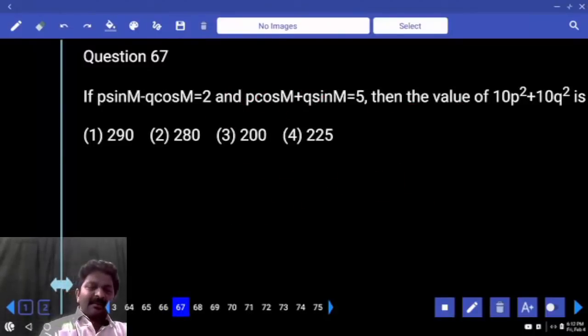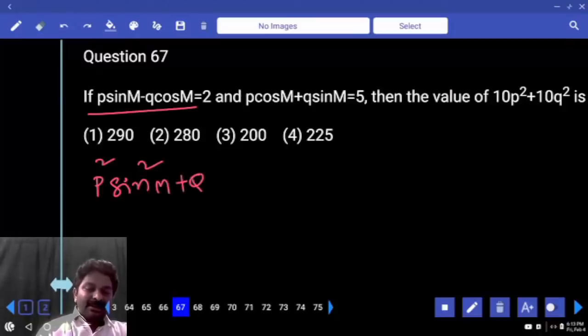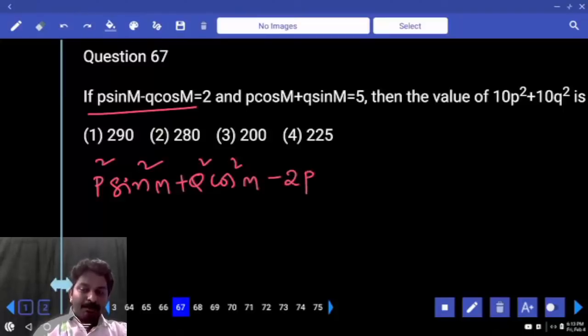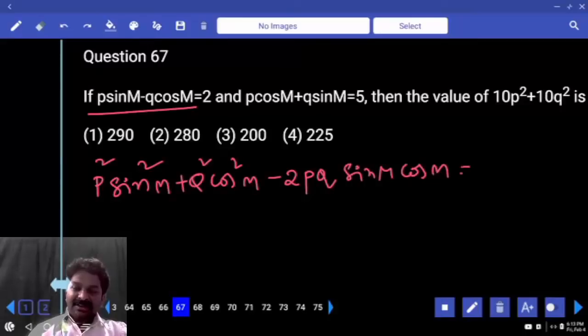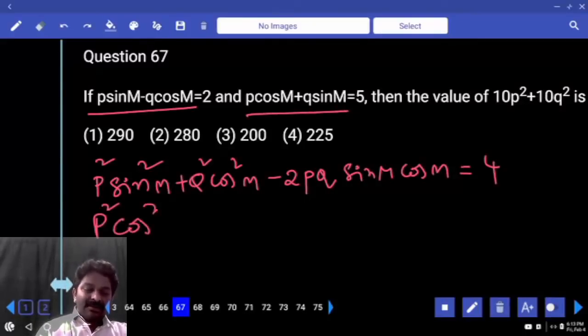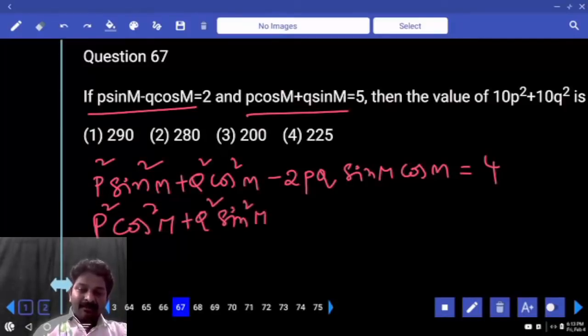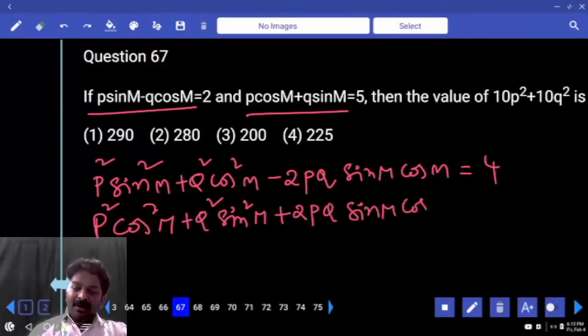Just squaring, that's all. Just take the square of this number. Left hand side squared: p square sin square m plus q square cos square m minus 2pq sin m cos m is equal to, and again take the square of this: p square cos square m plus q square sin square m plus 2pq sin m cos m is equal to 25.